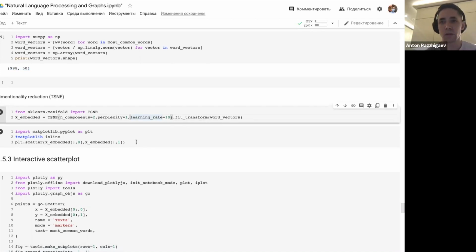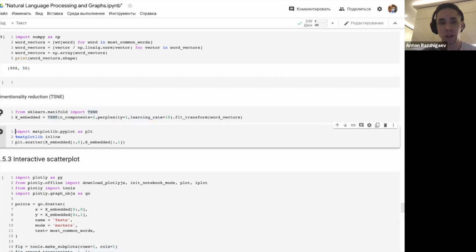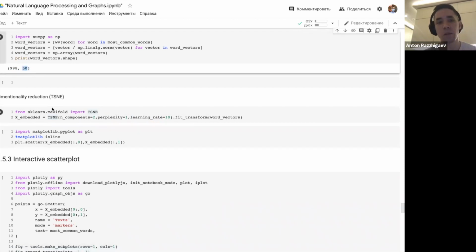Now let's do dimensionality reduction of these vectors. TSNE method is a manifold machine learning method for reducing dimensionality of data. We can squeeze our vectors from dimensionality 50 to just 2 dimensions, trying to preserve all relations and similarities of pairwise distances on words.